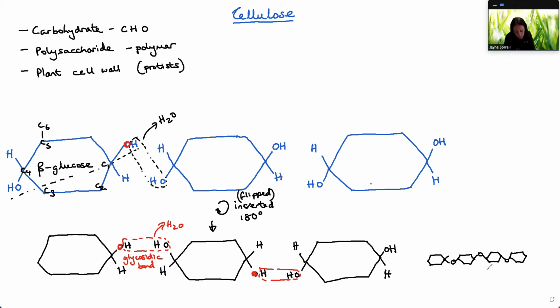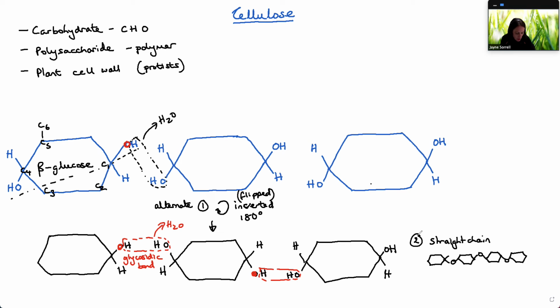Top, bottom, top, bottom, top, bottom, and so on. And so that leads to a straight chain. So inverting and flipping every other molecule, alternate molecules, that's quite a good word, alternate molecules, leads to our straight chain.